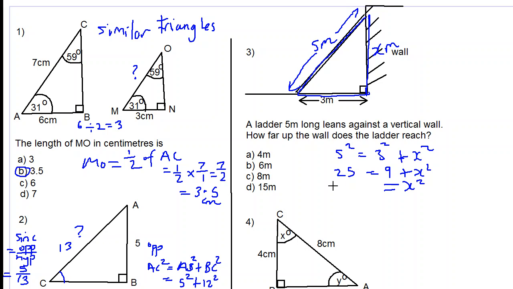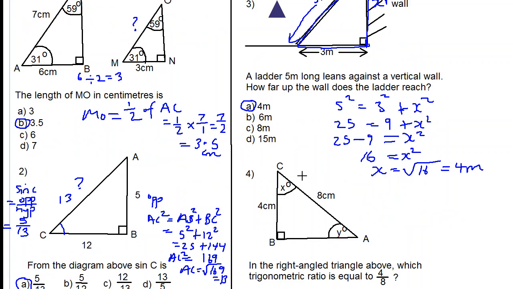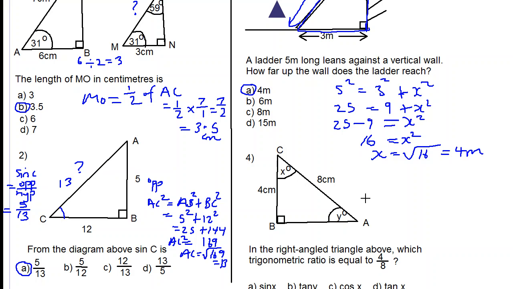Sorry, we subtract 9 from both sides. 25 subtract 9 is 16. So we have 16 is equal to x squared. To find x, we just get the square root of 16, which is 4. 4 meters is the value of x, and that answer is A. So number 3 is A. Let's move on to number 4.